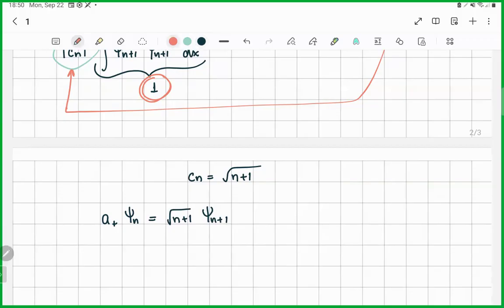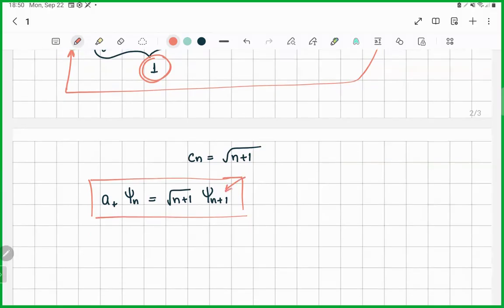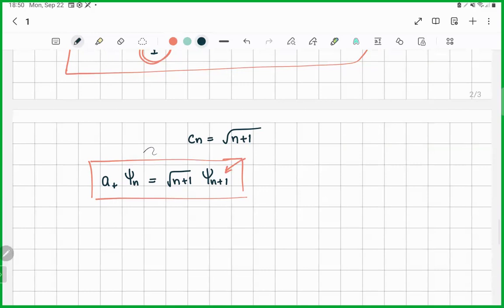Okay, so this is how we get the new function, psi n plus 1, normalized. Starting from a function that was already normalized, we know that psi n plus 1 is normalized via this factor, the square root of n plus 1. Okay, so this is a very important equation.